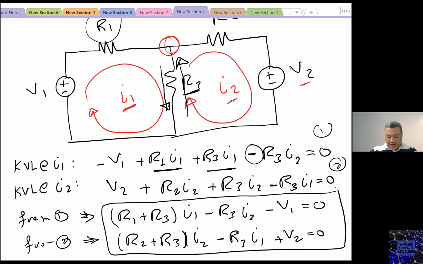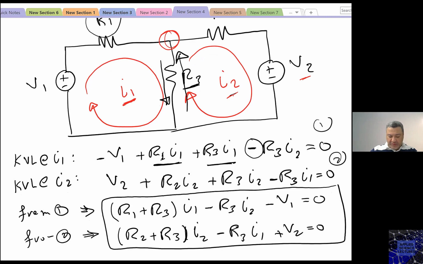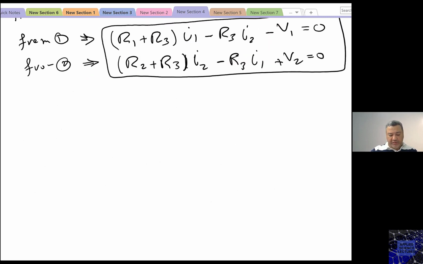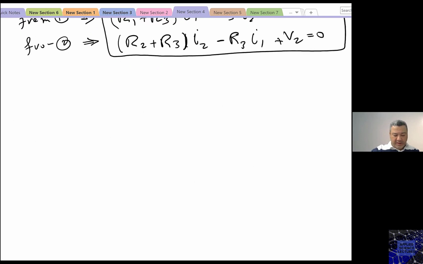Now let's look at the case where one more thing. If I want now to have I1 and I2 not in the same direction, we'll look at an example here.